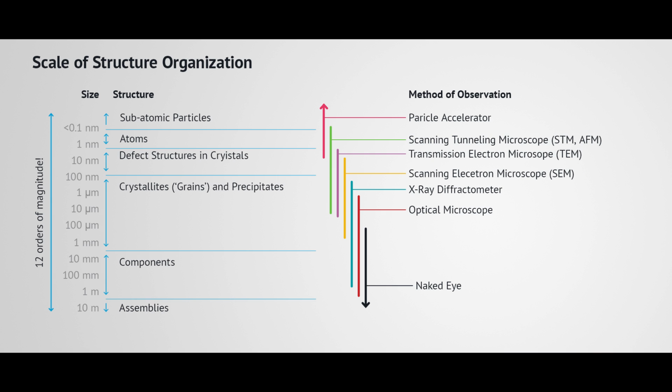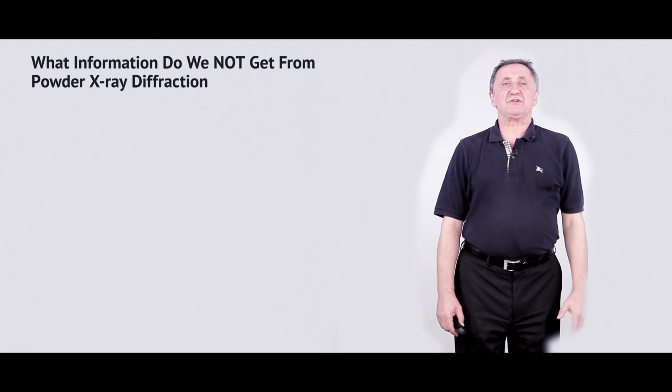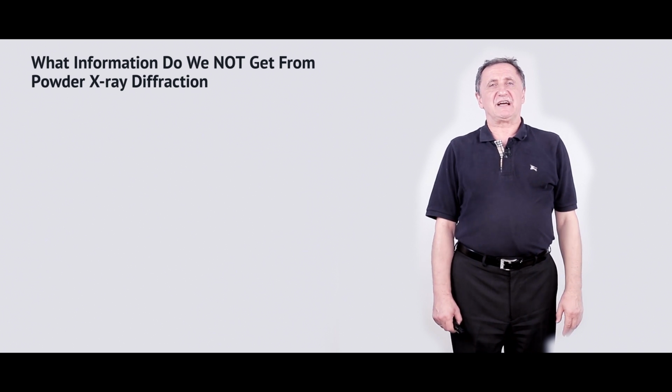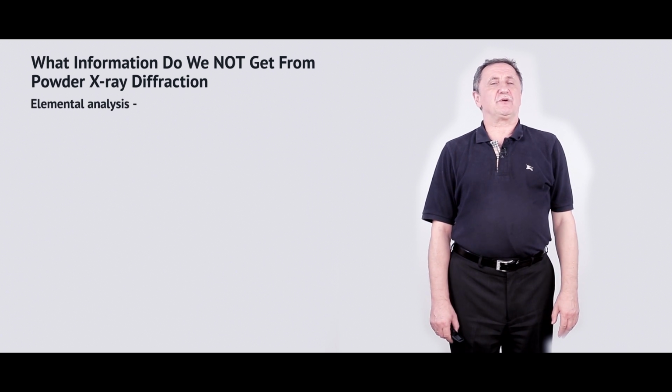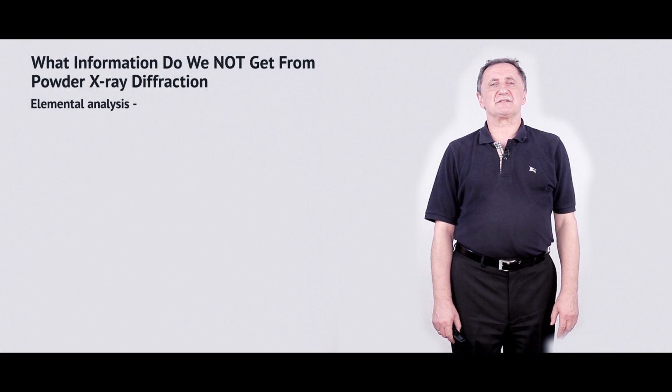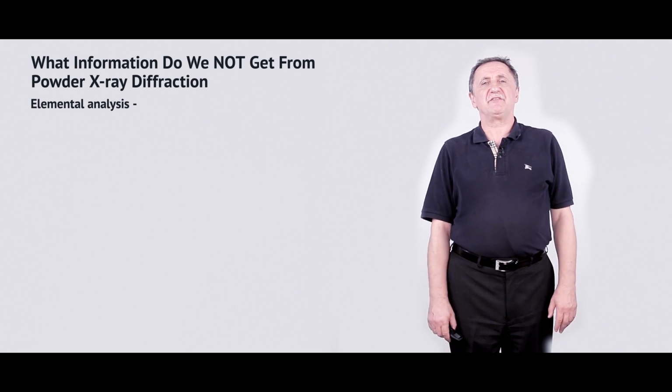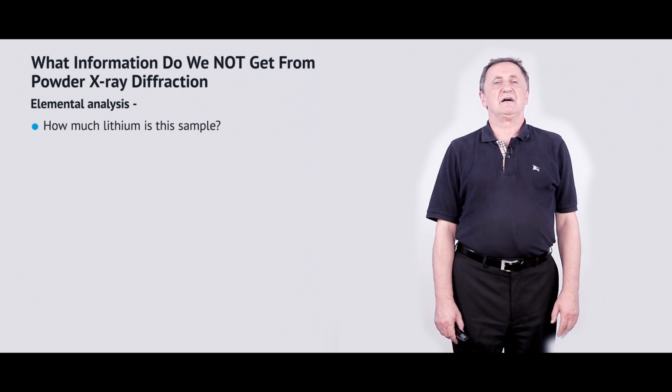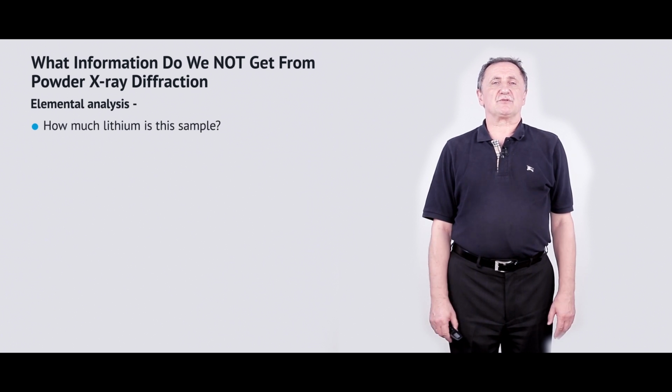What information you cannot obtain with the help of XRD? For sure, you cannot make a conclusion about the elemental composition in your materials. First of all, you cannot do elemental analysis. You cannot define how much, for example, lithium we have in this sample, or iron, and so on.